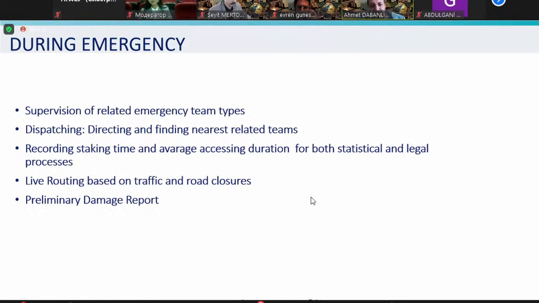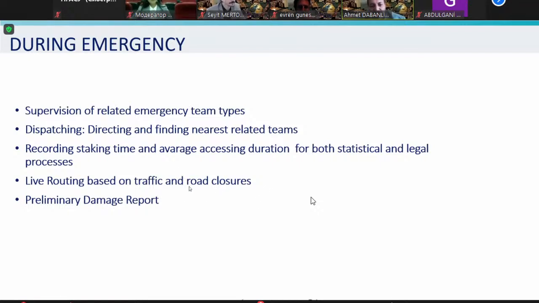For administrative or future legal purposes, all the timings are recorded: what time they reach, when they receive the message, and everything is recorded.